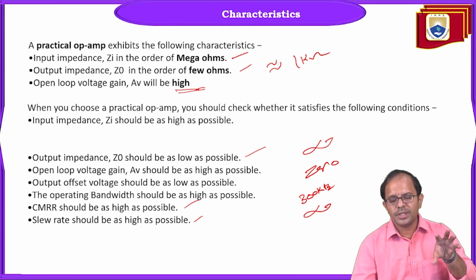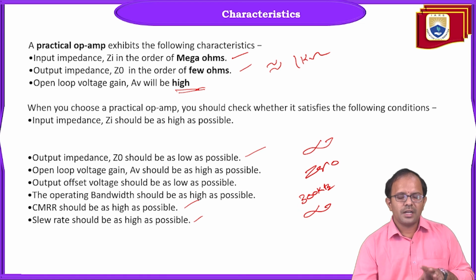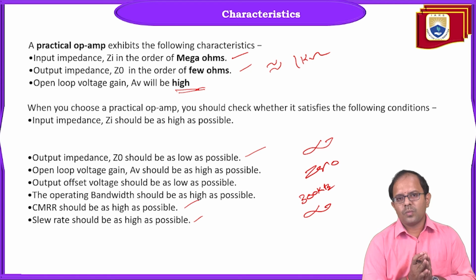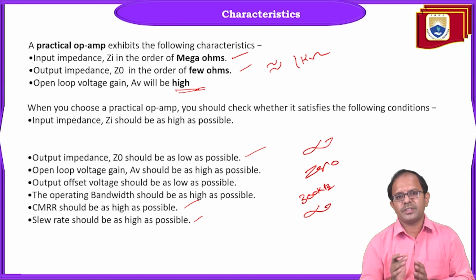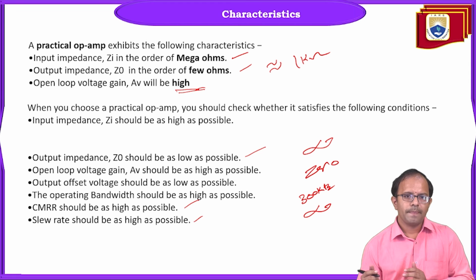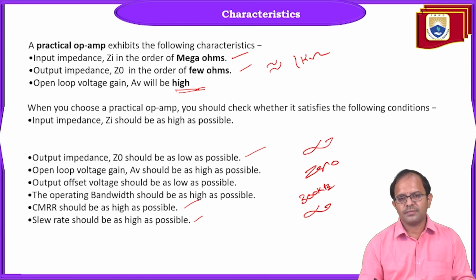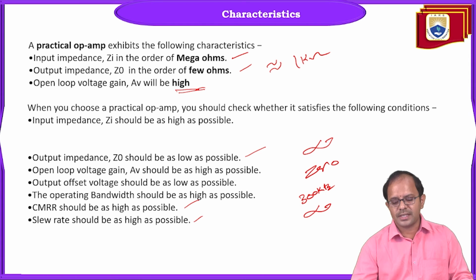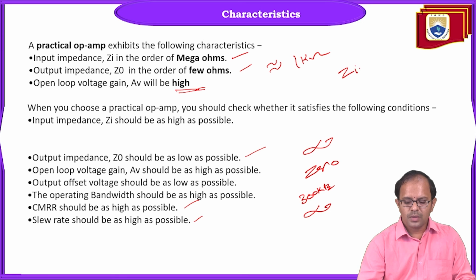So in that case, we need to list out all these things and try to remember which parameter should be high and which parameter should be small. The parameters that should be high are input impedance, open loop gain, bandwidth, CMRR, and slew rate.